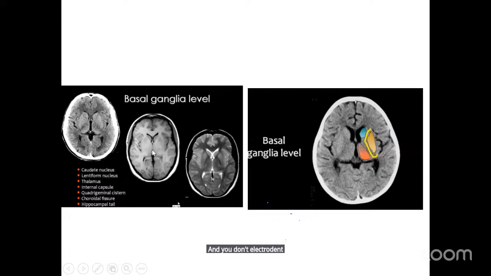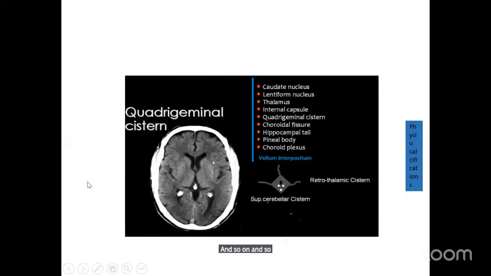That's the thalamus bilaterally, internal capsule, lenticular nucleus, and so on. Are we together, class? Yes, sir. So we go in here. Still here: caudate, thalamus, lenticular nucleus, internal capsule.